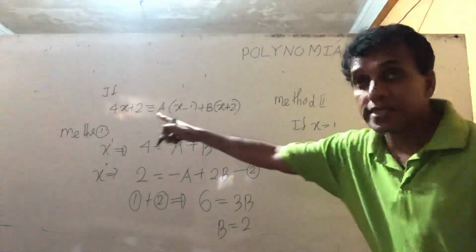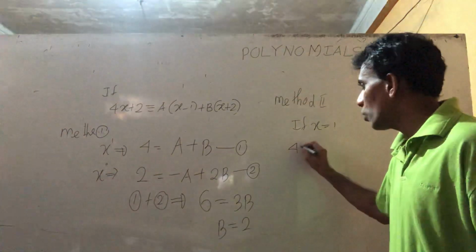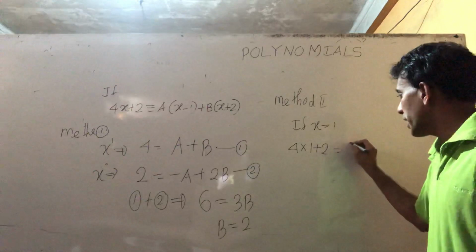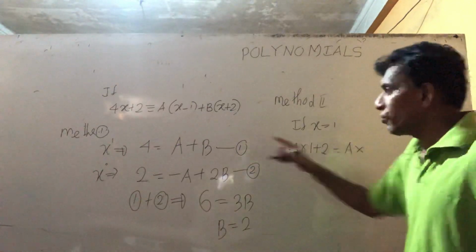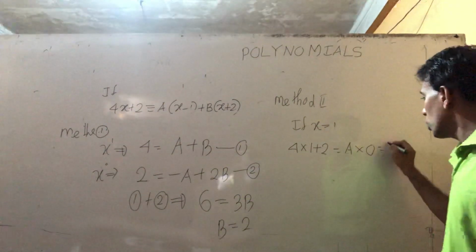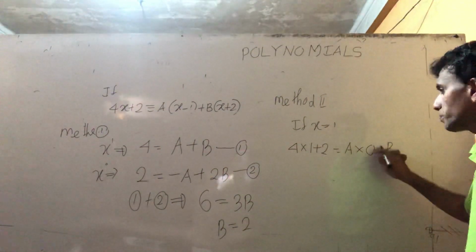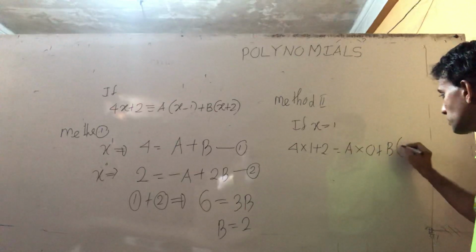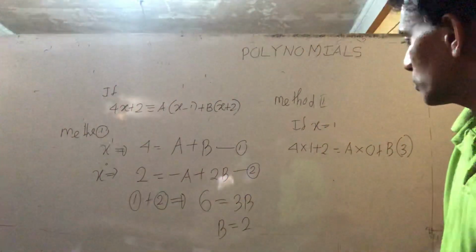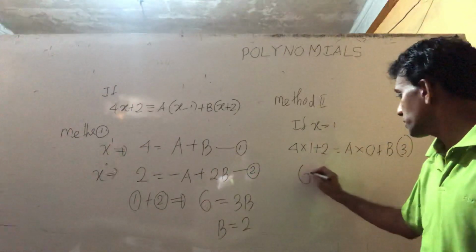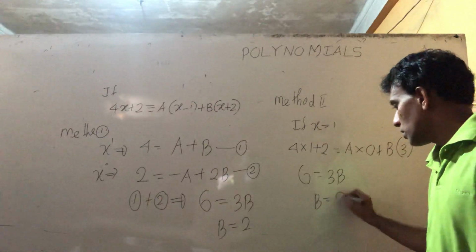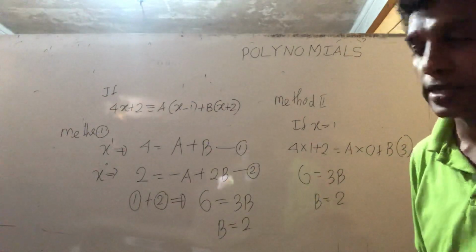So put x = 1: 4 into 1 plus 2 equal a into (1 minus 1), which is 0, equal b into (1 plus 2), which is 3. So 6 equals 3b, and b equals 2. That is another method, right?